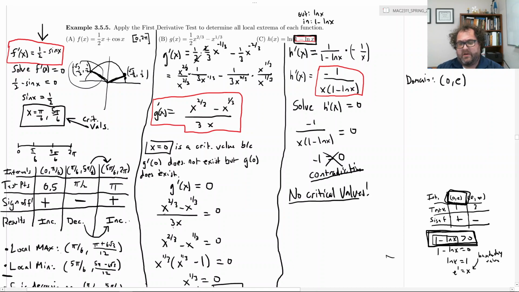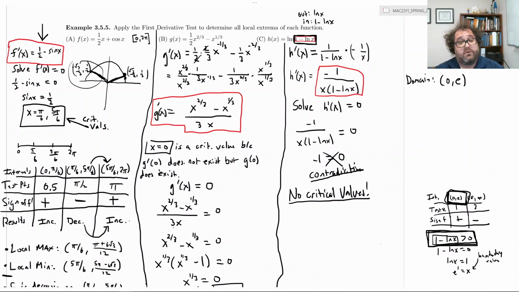Now the question is, what the heck do you do if there are no critical values? Well, first of all, remember Fermat's theorem in section 1 or 2 a long time ago in this chapter. Fermat's theorem said that if you have a local extrema, it has to occur at a critical value, which means if you don't have any critical values, you don't have any local extrema. Another way to think about it is, to have a local extrema, you have to change from increasing to decreasing, or vice versa. If there's no critical value, there can be no change from increasing to decreasing.